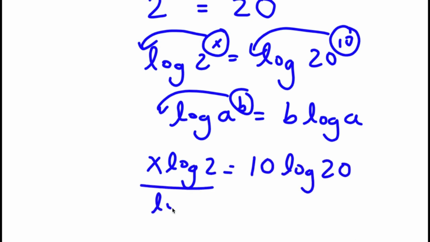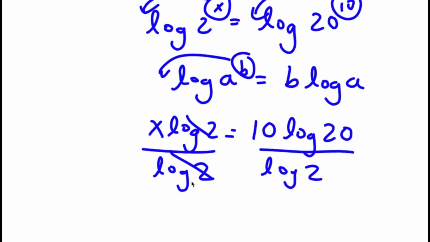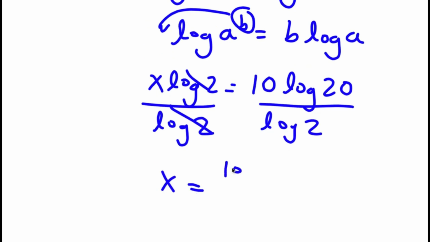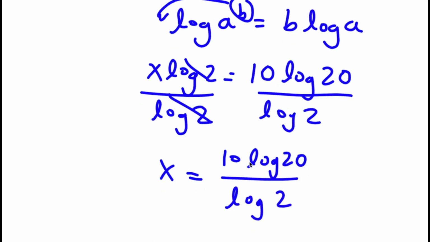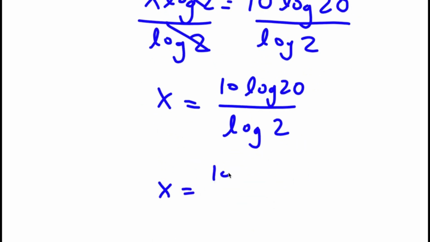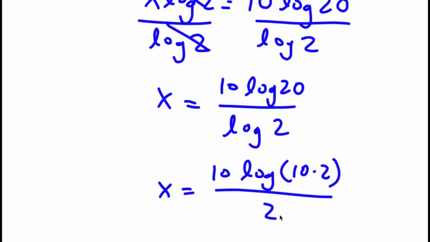Now, if I divide both sides by log 2, these two cancel out, and now I'm left with x is equal to 10 times log 20 over log 2. Now log 20, I'm going to rewrite as log of 10 times 2.